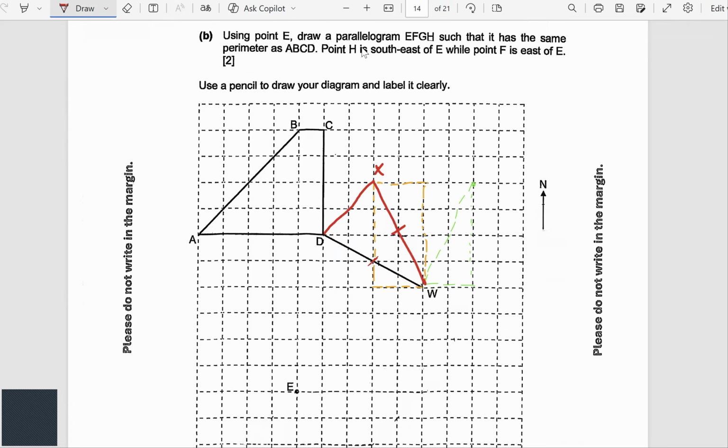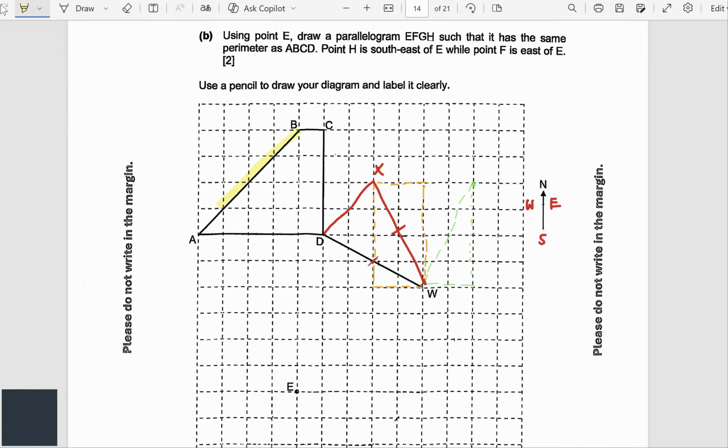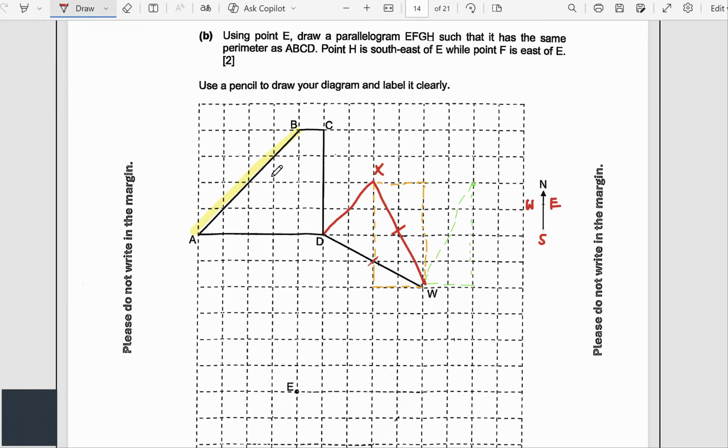H is southeast of E. North, south. This is west. This is east. Same perimeter. So for perimeter, if you look at this diagonal, you have to split it into two.